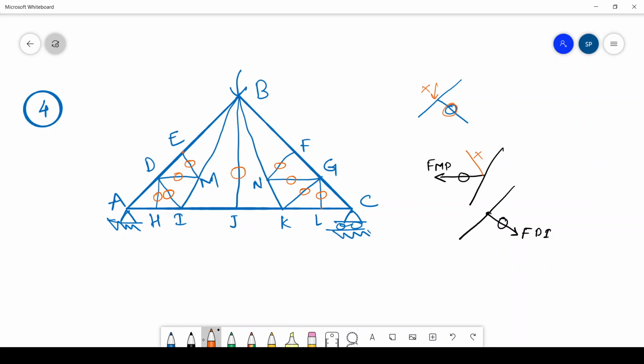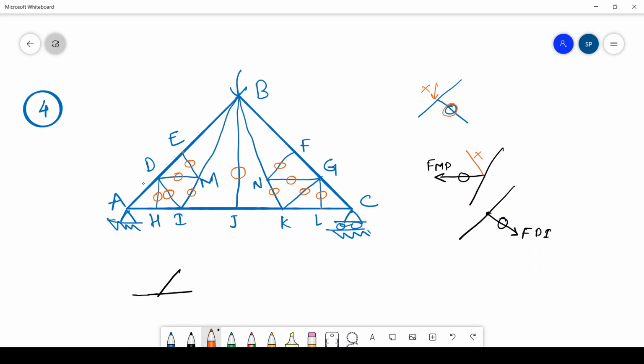If I go to joint I, again it's like this. So no external load acting at I. If I apply summation Fy equal to 0, this member force IM becomes 0. If I move to joint K, this member force KN becomes 0.